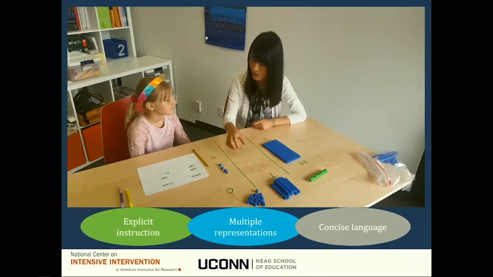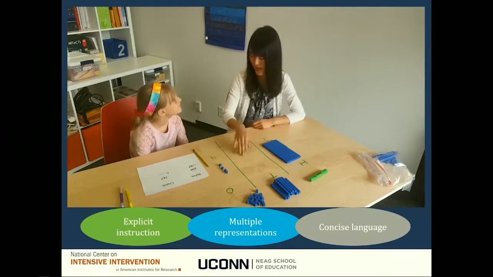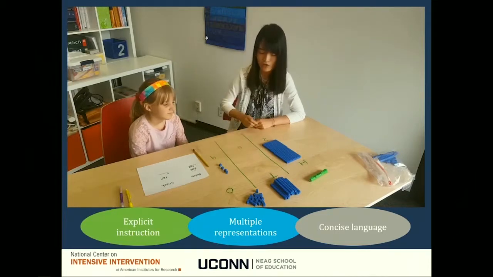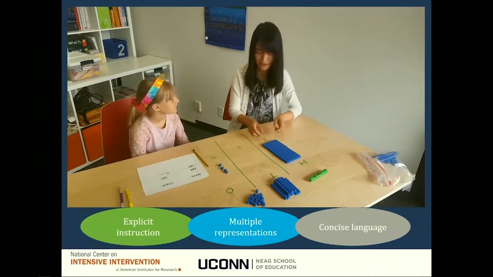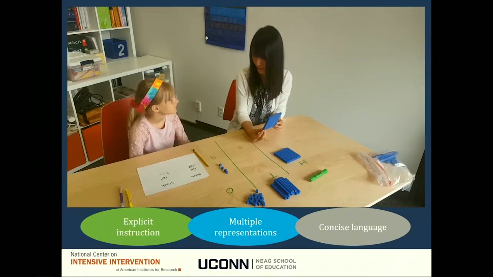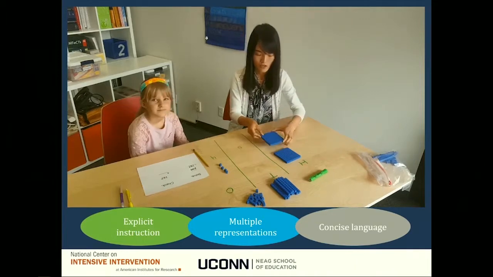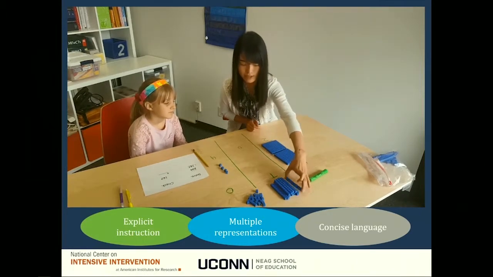So what do you think we should do? Maybe we can exchange something for ones, right? But do we have any tens here to exchange? No. So maybe we have anything else to exchange? Do you think we can exchange the 100 into tens? Right. So let's count 10 rows here.